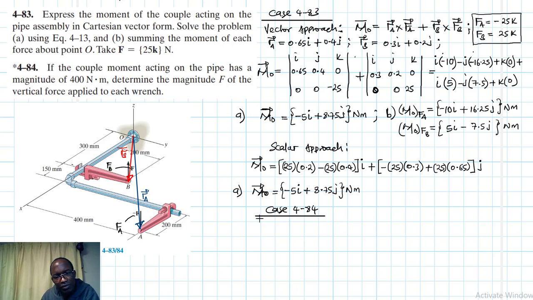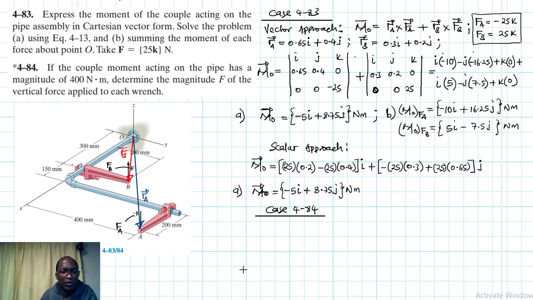We're being asked to find the couple force F if we have the magnitude of our moment, 400 Newton meters. So again, we can use either the vector or the scalar, or just multiply directly the distance between A and B by F and equate that to 400, right?